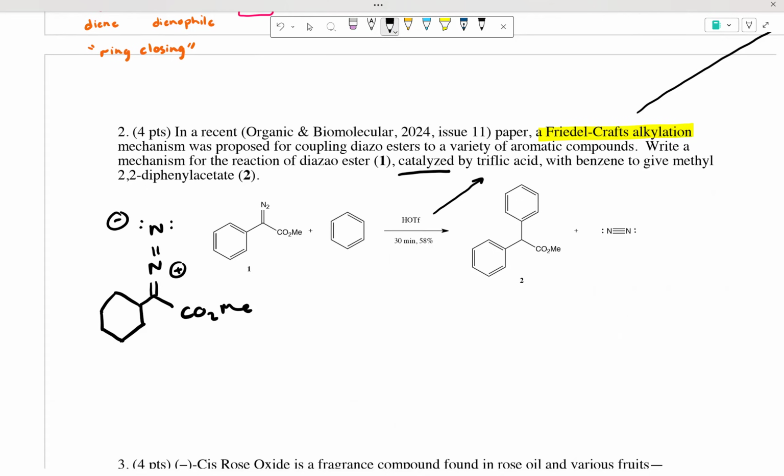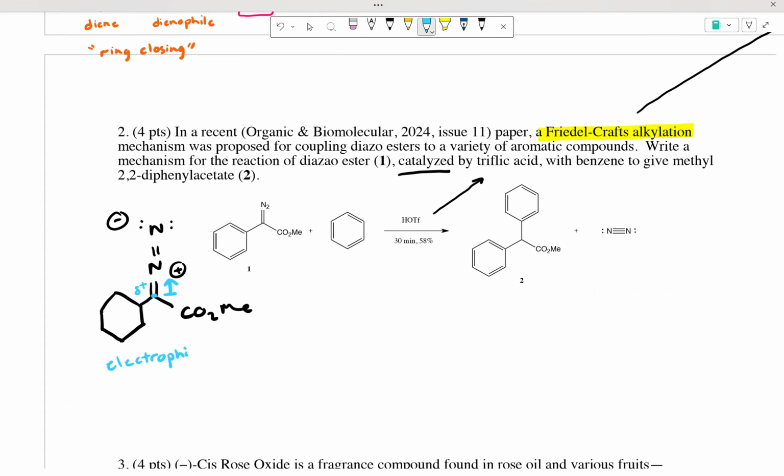We know that nitrogen is more electronegative than carbon. And this means that even though this is a net positive form of charge, this nitrogen is still stealing electrons from the carbon that exists here. So the carbon has a somewhat partial positive charge. This means that this is our electrophile.